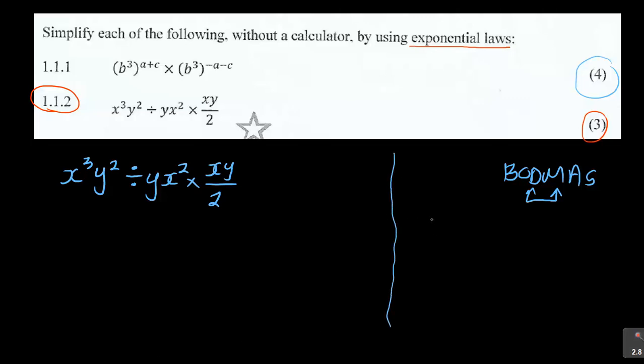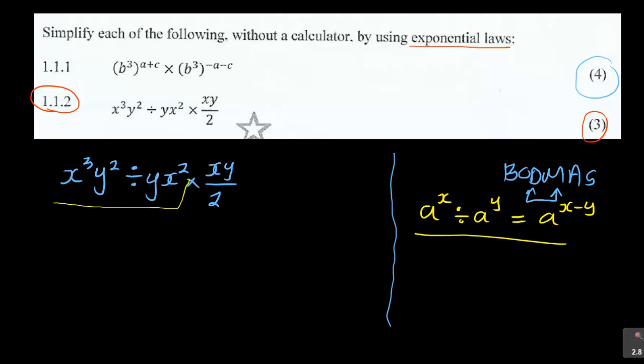Another method is coming like this: if I have a to the power of x divided by a to the power of y, this is equal to a to the power of x minus y. See that?